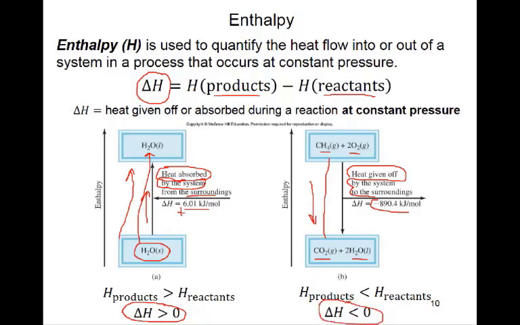It is minus, and it is called exothermic. This minus 890 is given here as exothermic. So these are the ways to write the delta H. But the main thing is product minus reactant. The energy of the product minus the energy of the reactant will give you the change in energy.